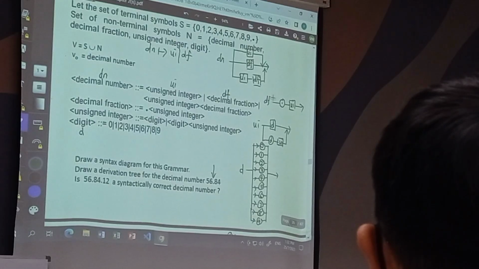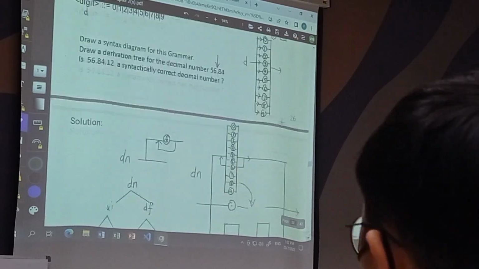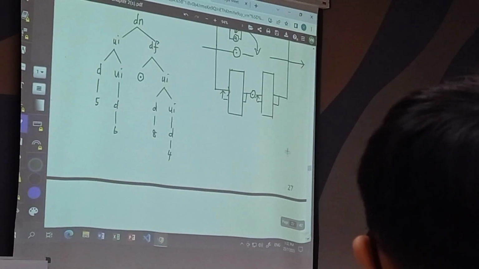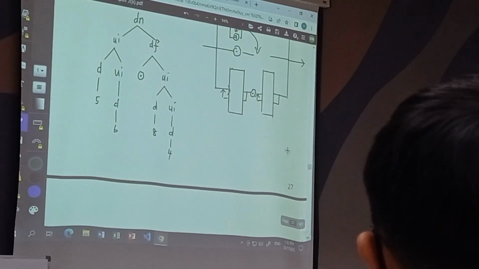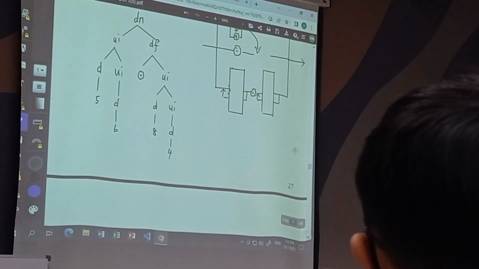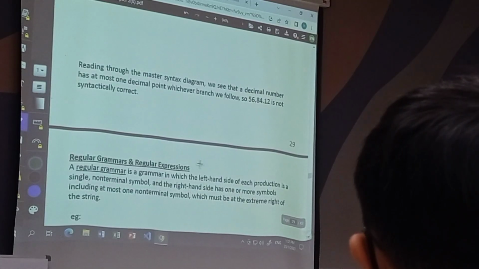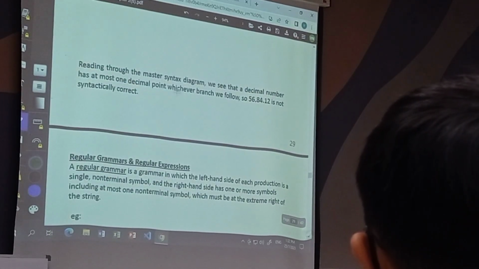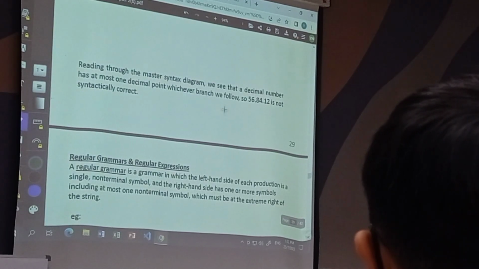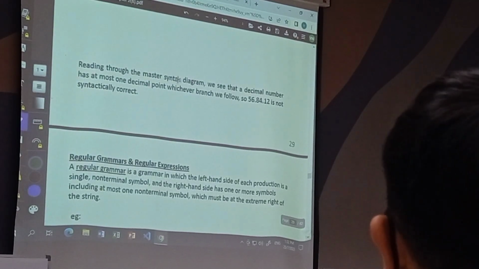So no matter what is the substitution you have, you will forever never get the 2 decimal points. That's why you can answer the question, it is not syntactically correct. Here, we see the decimal number has at most 1 decimal point, whichever branch you follow. Okay, so this is not syntactically correct.